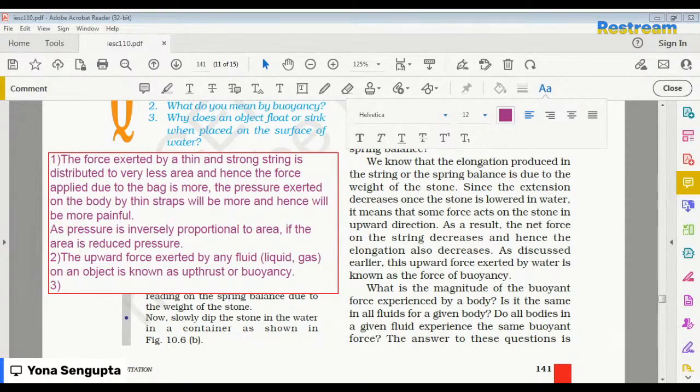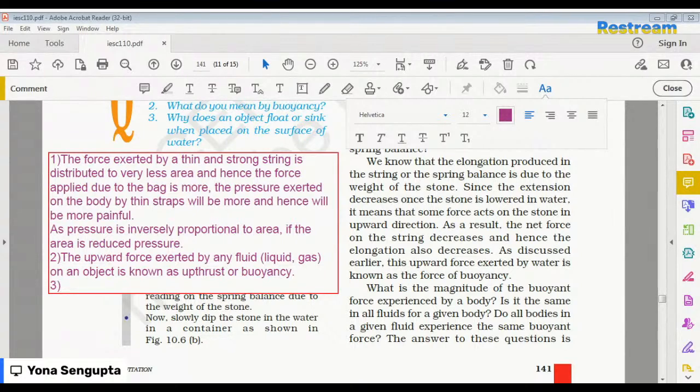The density of water is 1 gram per centimeter cube. If the density of an object is less than the density of water, then the object will float. And if the density of an object is more than the density of water, then the object will sink.